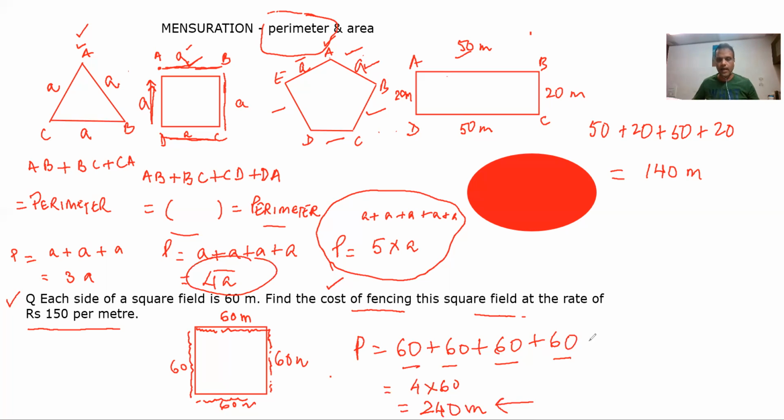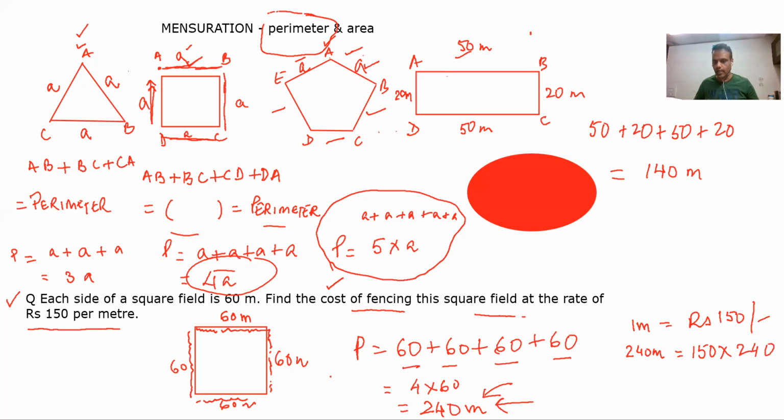It is given that 1 meter of fencing will cost rupees 150. The total length of fencing to be done is 240 meter. So for 240 meter, I require an amount of 150 into 240.